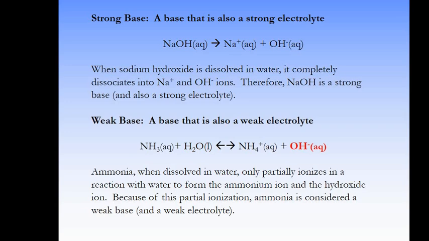In other words, some of the ammonia that dissolves remains intact as a molecule, but some of it reacts with the water to form ammonium and hydroxide. And of course, these reactions occur in both directions simultaneously until a certain ratio is reached. But because ammonia does not completely dissociate into hydroxide, it's a weak electrolyte, and because it's a base, we call it a weak base.